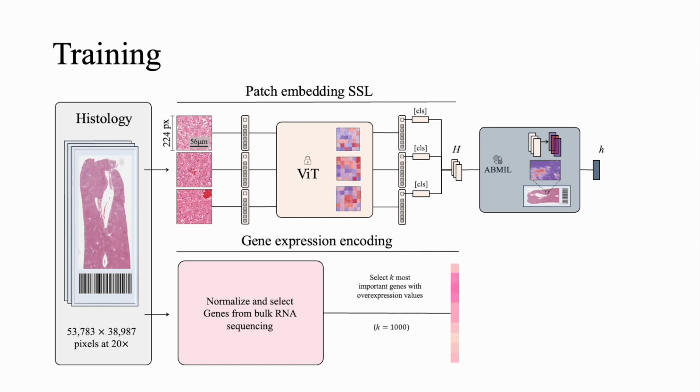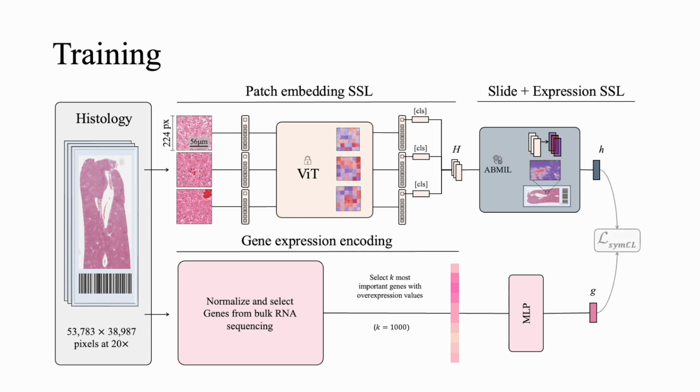We can also drop them into an MLP to get the same dimensionality as the slide representation from the upper branch. And so we end up having two numerical vectors, and we can align them pretty easily during a self-supervised contrastive learning step. And that's how we train TANGLE in the end.